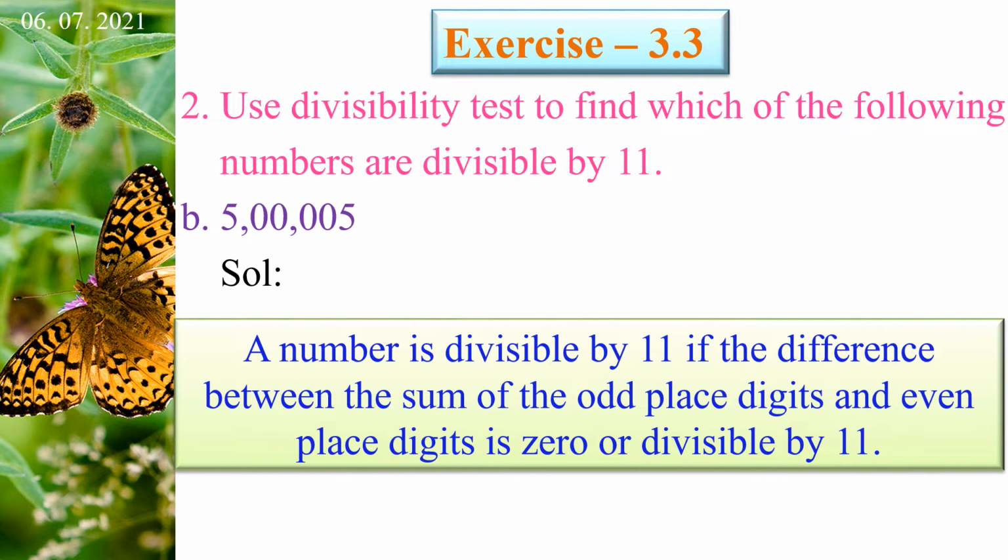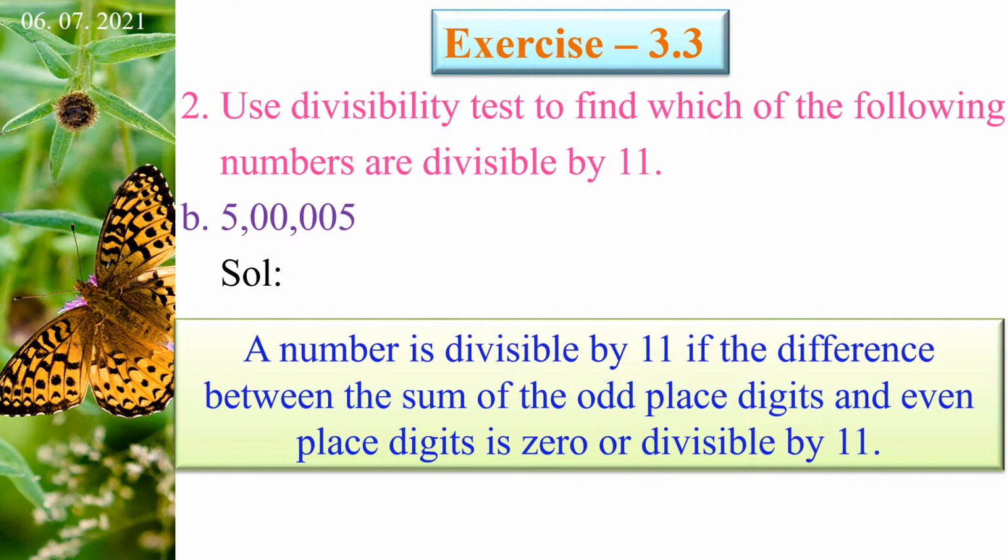See children, first we want to mark odd and even places. So we will mark odd places starting with ones place. That is, ones place is odd place, tens place is even place and so on. Okay. So second step, find the sum of the odd place digits. Not odd number, odd place digits.